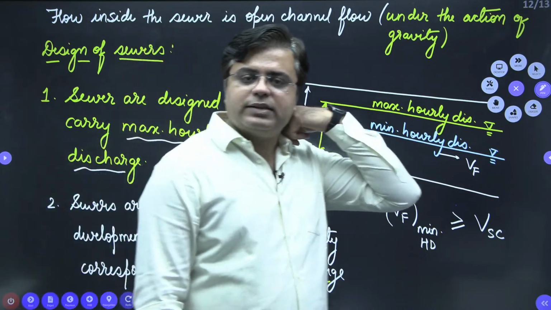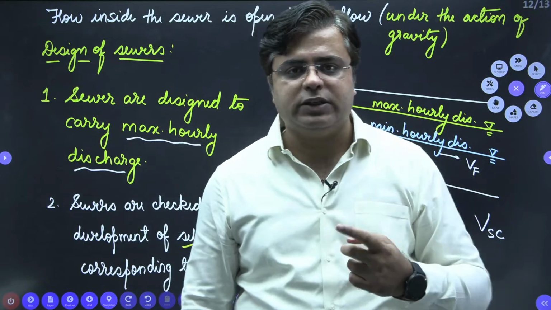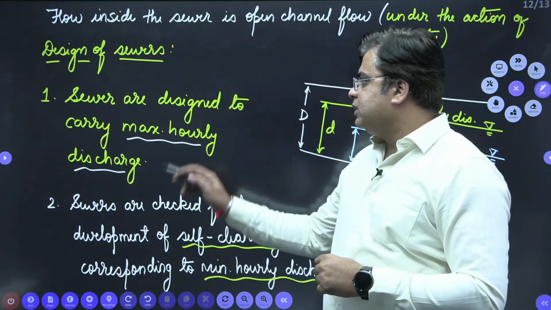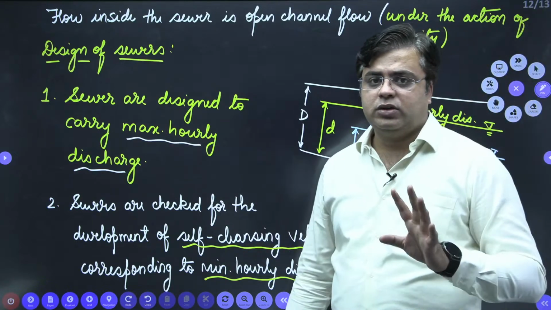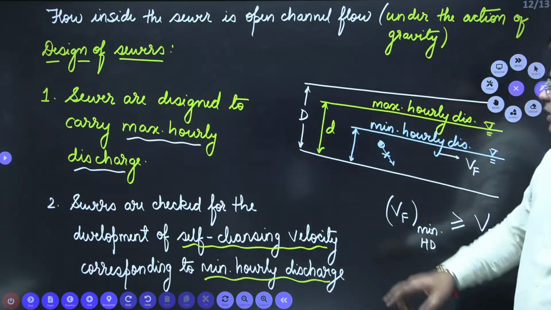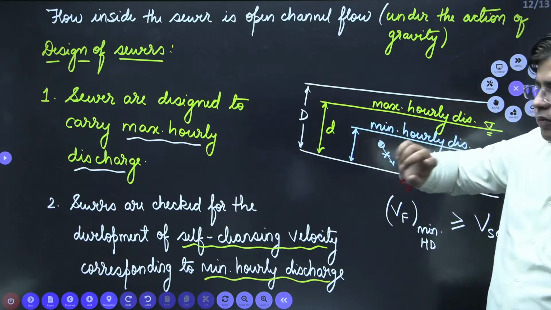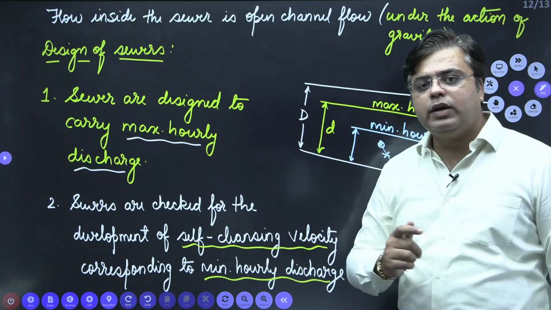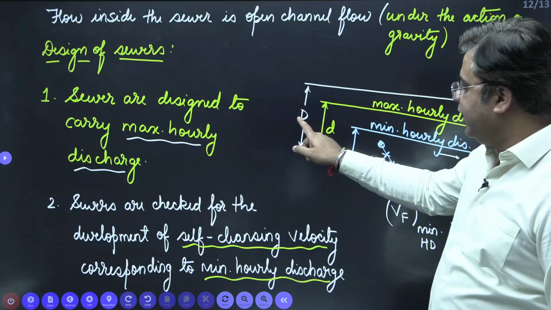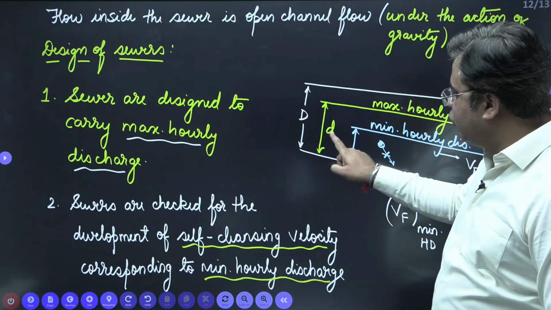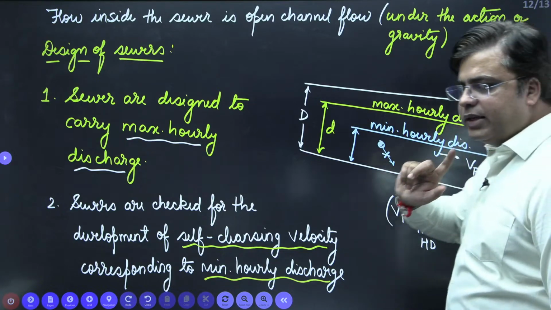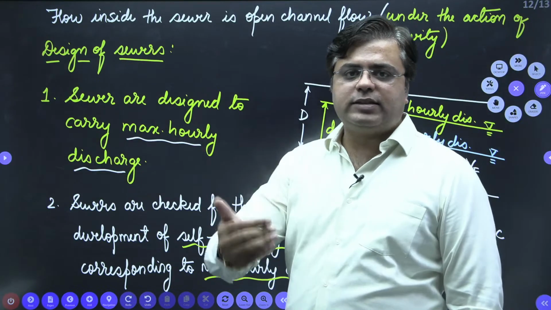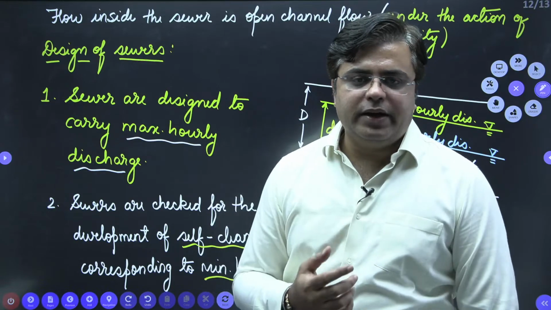Okay. So while designing the sewer, 2 points you need to keep a check. First point is, sewers are designed to carry maximum hourly discharge. For maximum hourly discharge, you will calculate size of the sewer, capital D, and you will calculate depth of flow, small d, corresponding to maximum hourly discharge, right? There is no problem of solid settling during maximum hourly discharge.